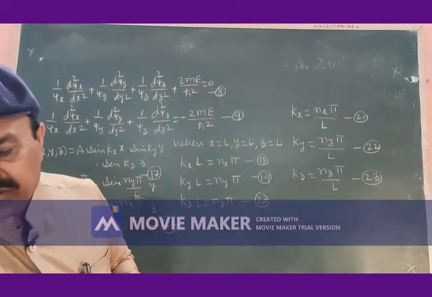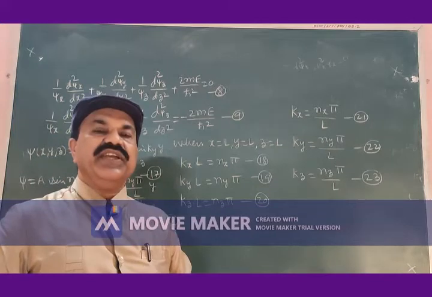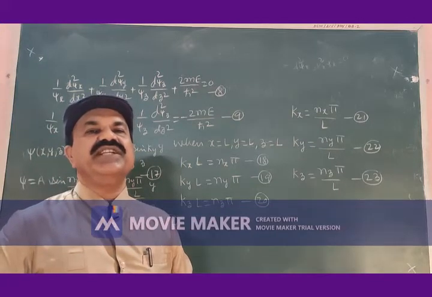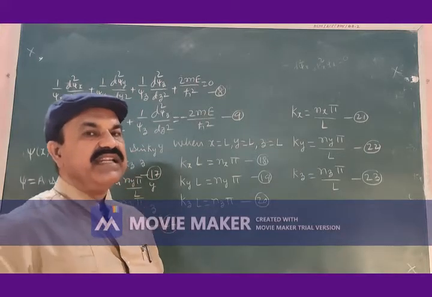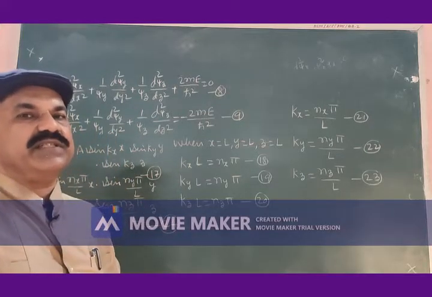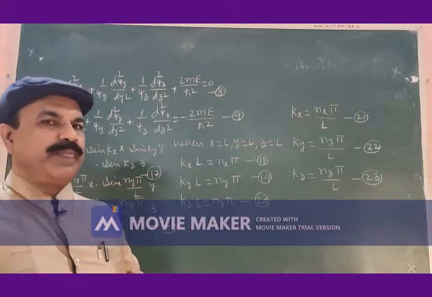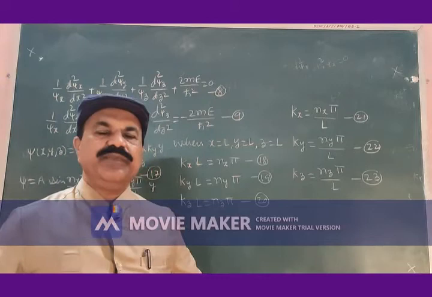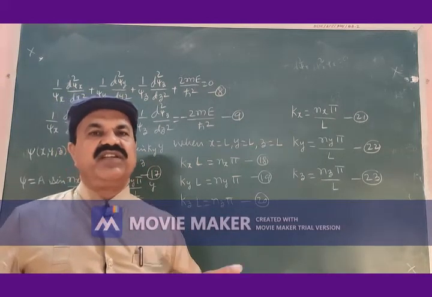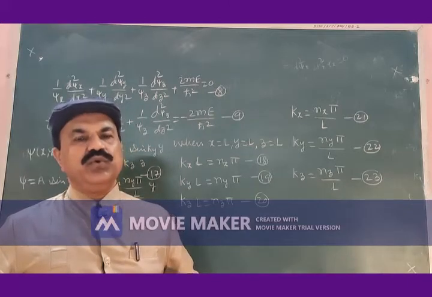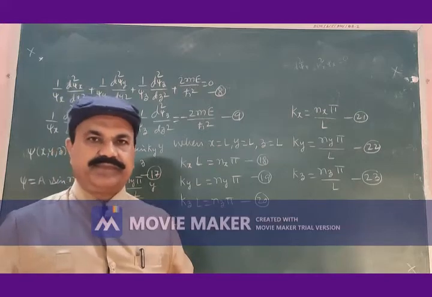Now, let us try to find the energy associated with this particle. To find energy associated with this particle, we have to make use of equation 13. What is equation 13? kx square plus ky square plus kz square is equal to 2me divided by h cross square.